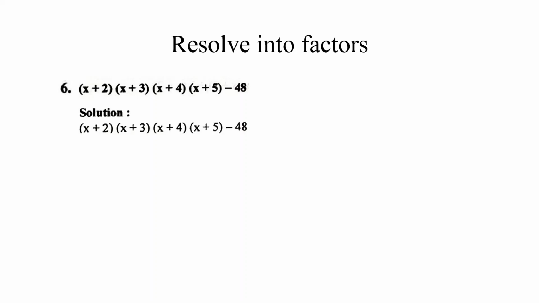Now another example, question number 6. (x plus 2) into (x plus 3) into (x plus 4) into (x plus 5) minus 48. Solution: (x plus 2) into (x plus 3) into (x plus 4) into (x plus 5) minus 48.